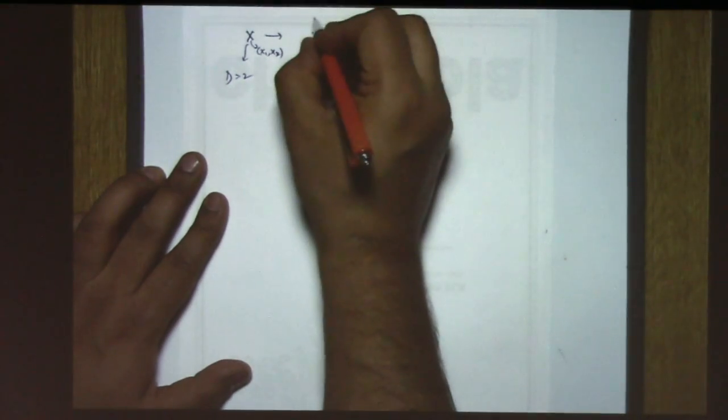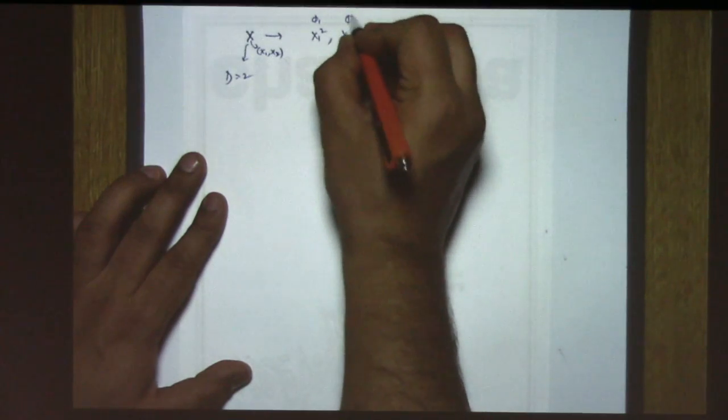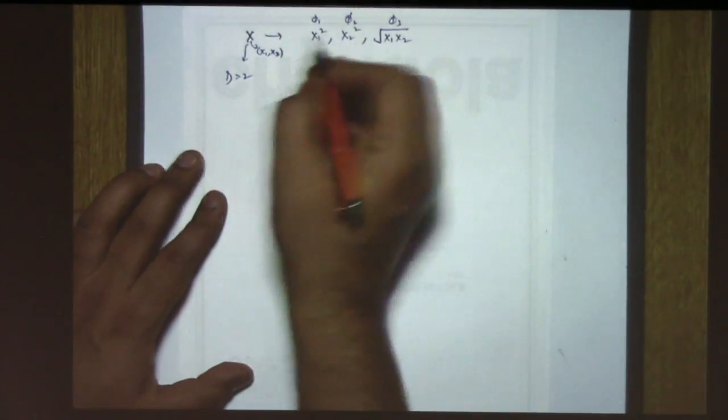Let's say x was in two dimensions, so d is 2. Each x is nothing but x1 comma x2, there are only two attributes. Let's say you replace it by x1 squared, x2 squared, and square root of x1 x2. So this is your phi1, this is your phi2, and this is phi3.